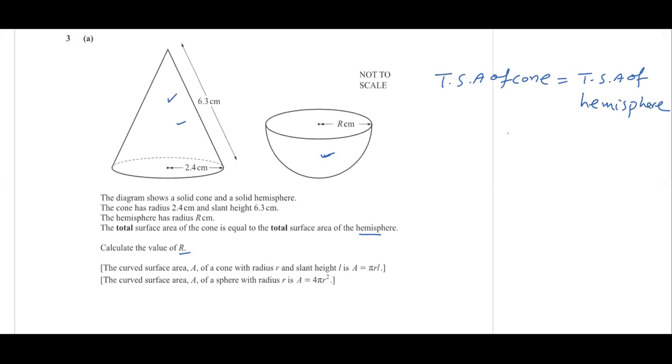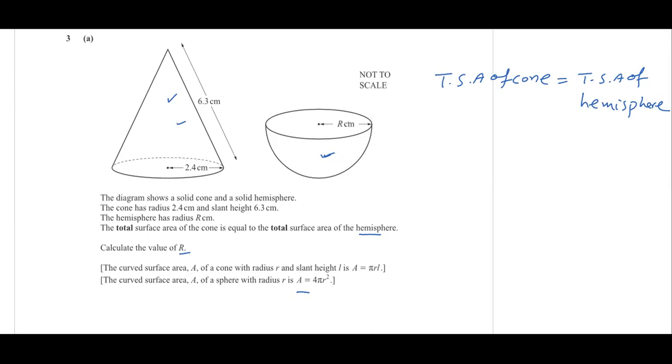Now, remember, the curved surface area of the cone is given and curved surface area of a full sphere is given. But the formula for total surface area is not given.